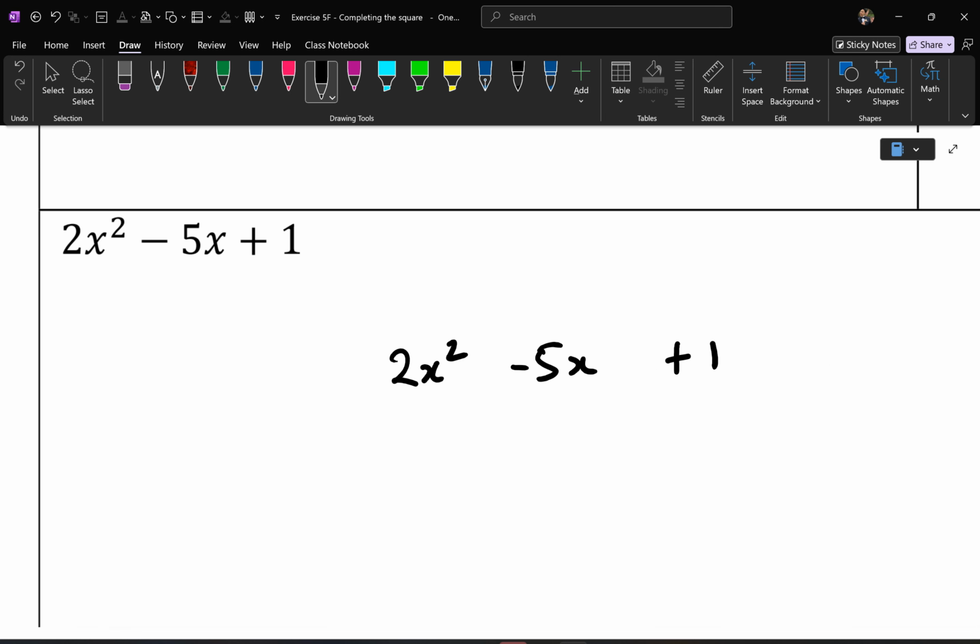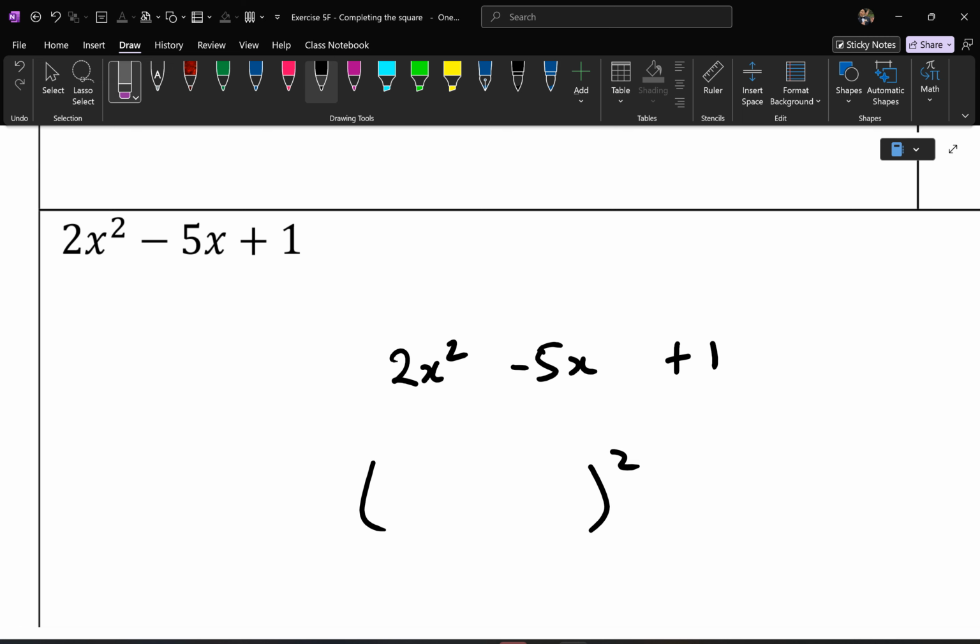This is a problem, because when you try to figure out what goes inside the brackets, it's not just half of -5, because we don't know what A can be. A currently is going to be 2x or root 2x. So the limitation of completing the square is that the coefficient of x squared has to be 1 for this rule to work.